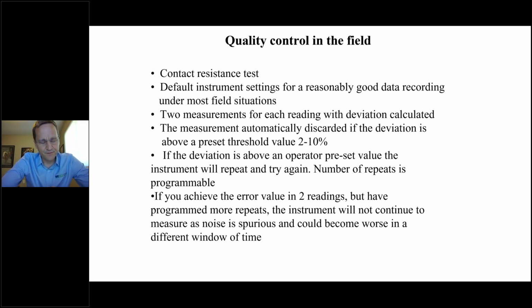The factory defaults for the Super Sting are to measure twice, so that you get a percent standard deviation error. If you were to bump up that number of readings for some reason, say to 10, some people ask this question, why it did not repeat 10 readings.